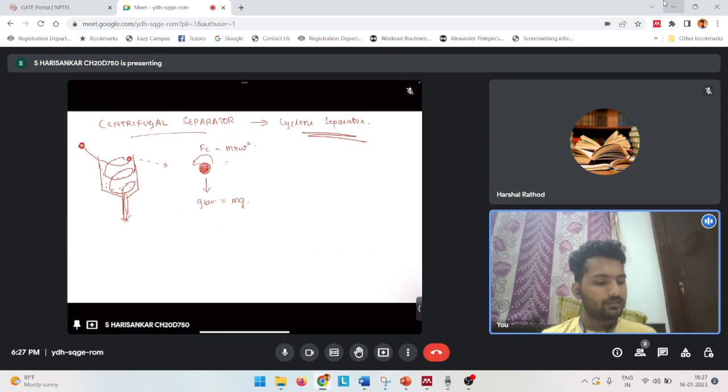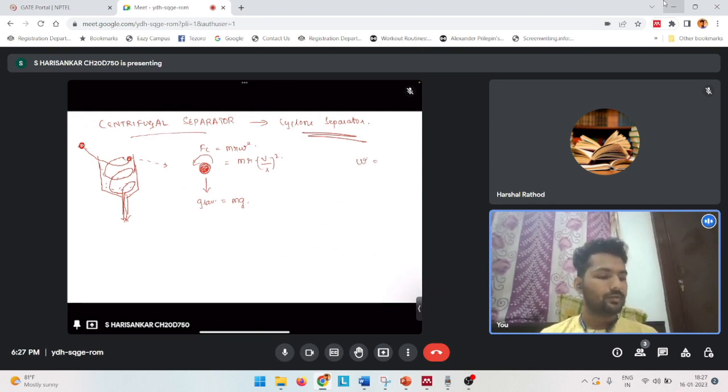You can write this m r omega square as m r into (v by r) the whole square, because angular velocity omega can be written as v by r, and this becomes m v square by r. So this is the centrifugal force.